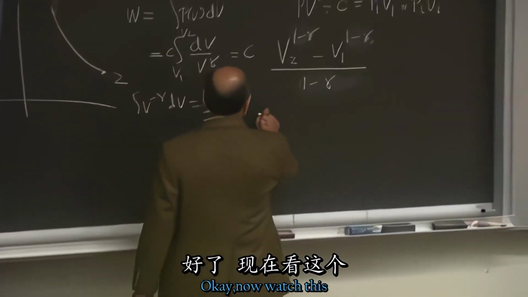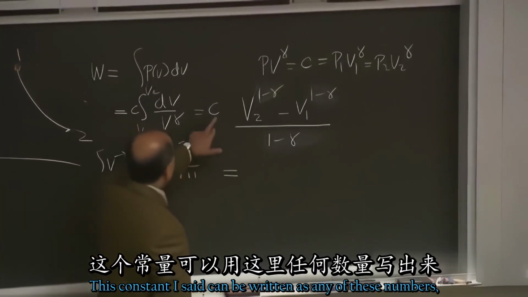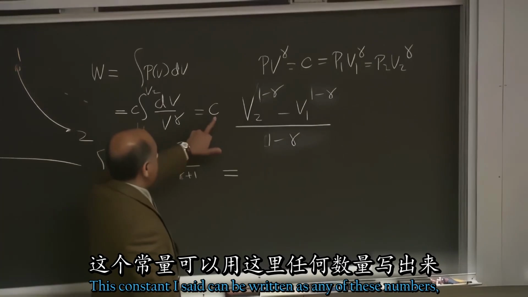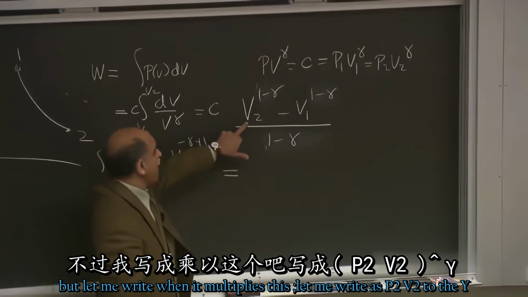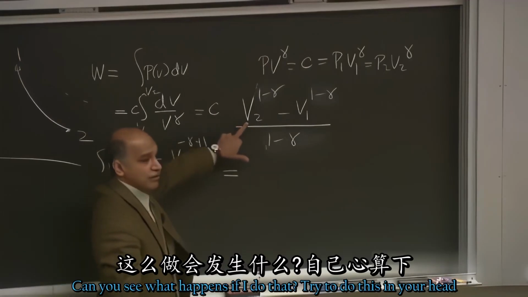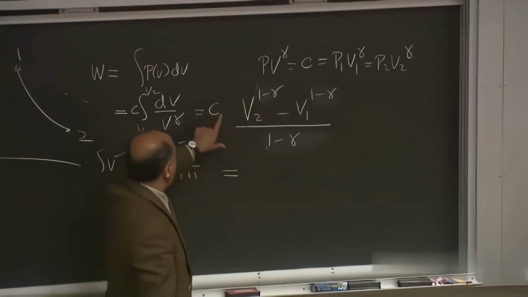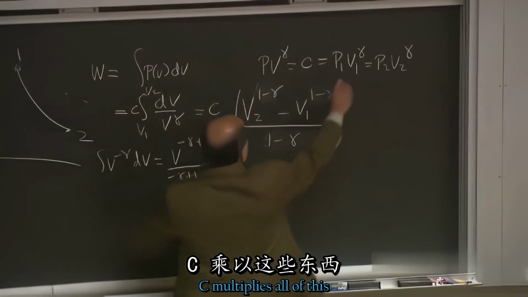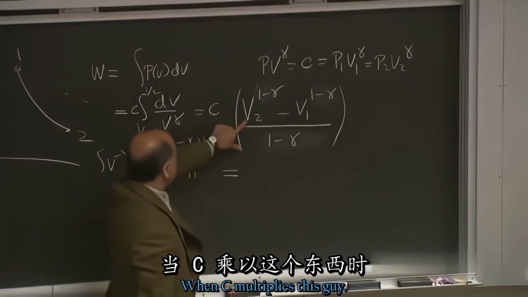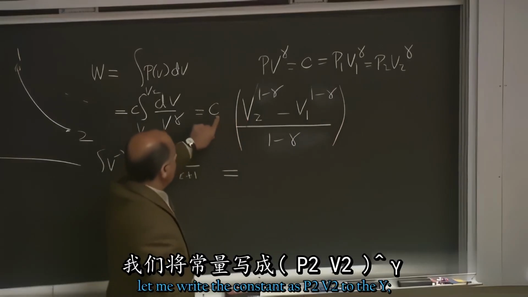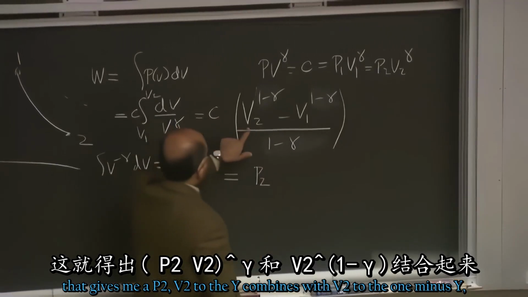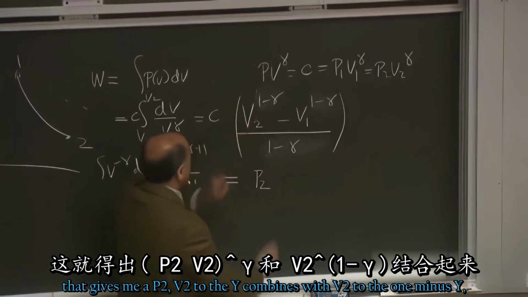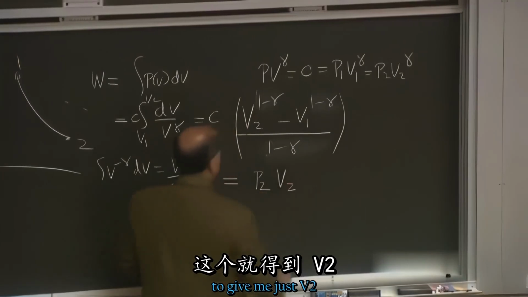Okay, now watch this. This constant, I said, can be written as any of these numbers, but when it multiplies this, let me write it as P2 V2 to the gamma. Can you see what happens if I do that? Try to do this in your head. When C multiplies this, that gives me a P2. V2 to the gamma combines with V2 to the 1 minus gamma to give me just V2.